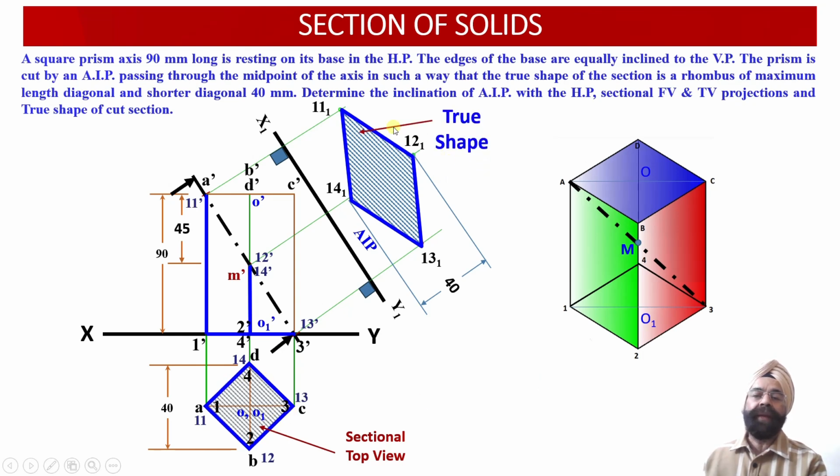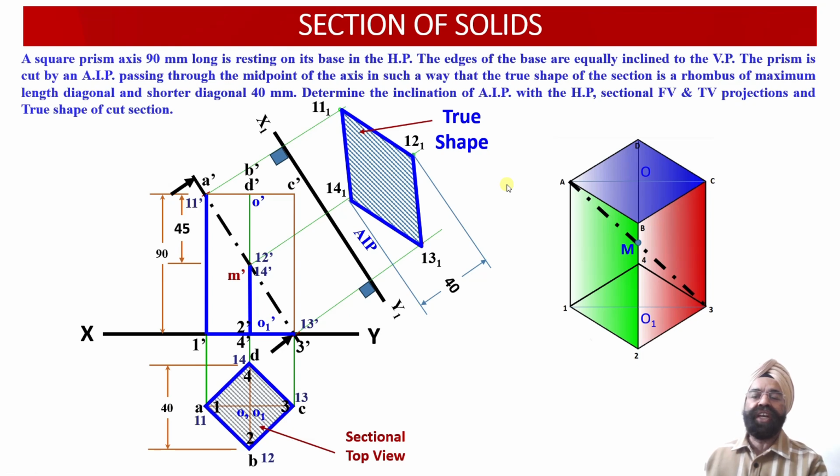So this way we have been able to obtain the true shape of the cut section by drawing an auxiliary inclined plane parallel to the cut section and obtaining the auxiliary plan projections onto this auxiliary inclined plane over here. So this is all for today.